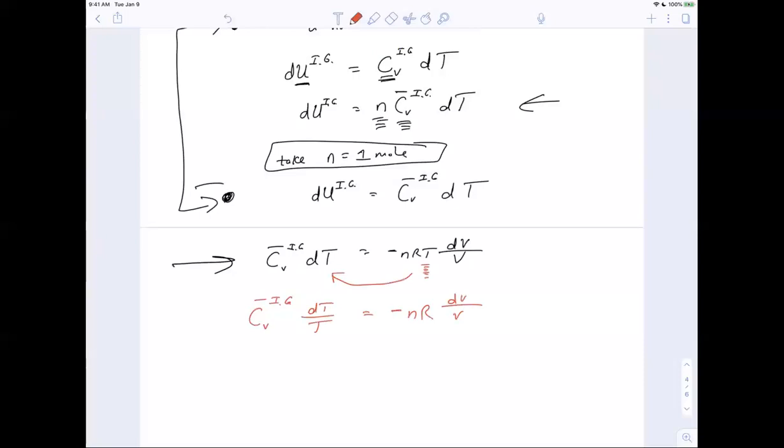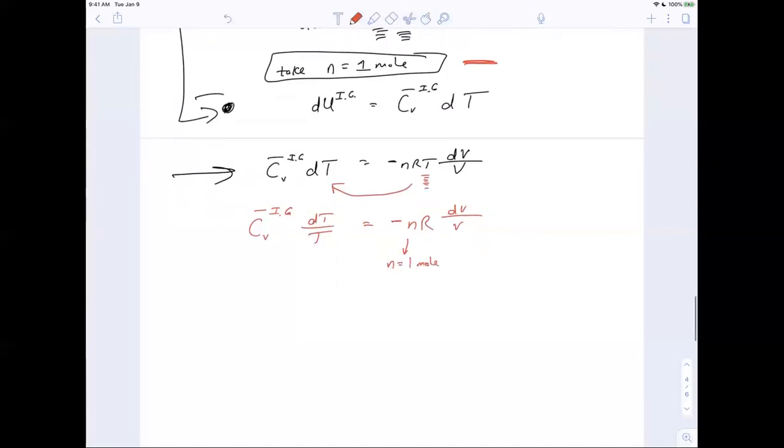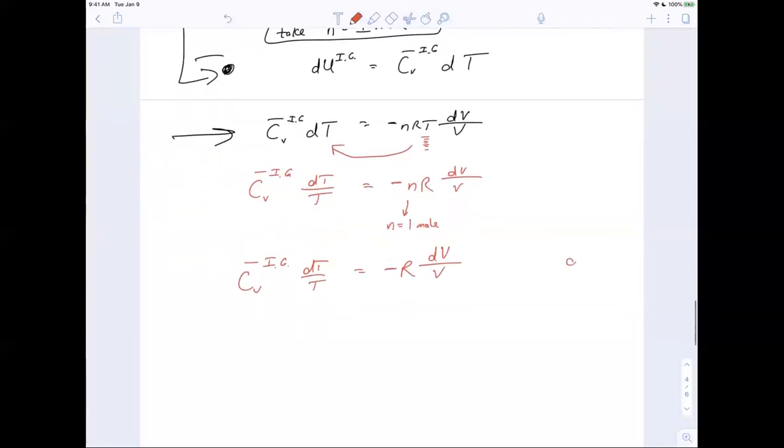Everything else is a constant, so I don't have to worry about anything else. And let me just say that n is 1. We said that n is equal to 1, so in this case we're just going to let n equal 1 mole. So this expression further reduces to CV bar ideal gas dT over T is equal to minus R dV over V. So this is another intermediate result. Any questions?